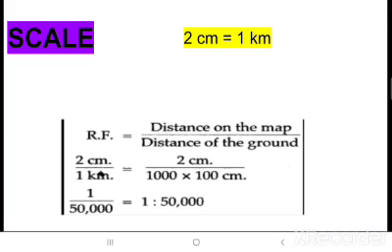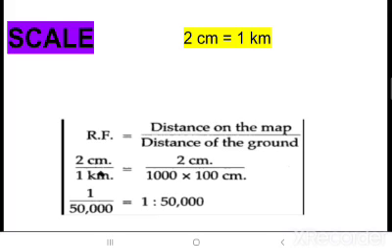So 2 centimeters by 1 kilometer, this ratio when I write, and because in maths you have always been told that both the units should be the same, we have to convert 1 kilometer into centimeters. That means 2 centimeters equals 50,000 centimeters... that means 1 by 50,000. So the representative fraction would be equal to 1 is to 50,000. I explained how it came.